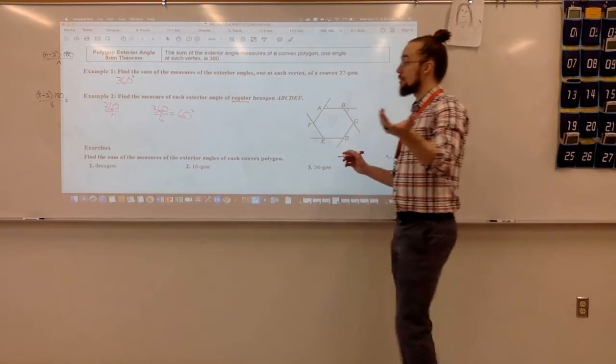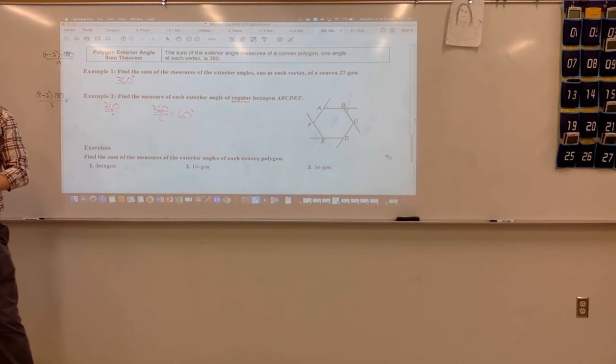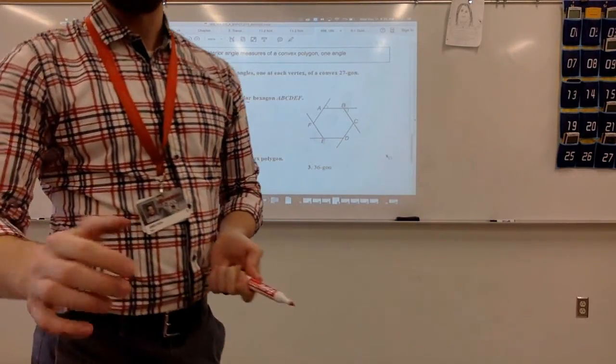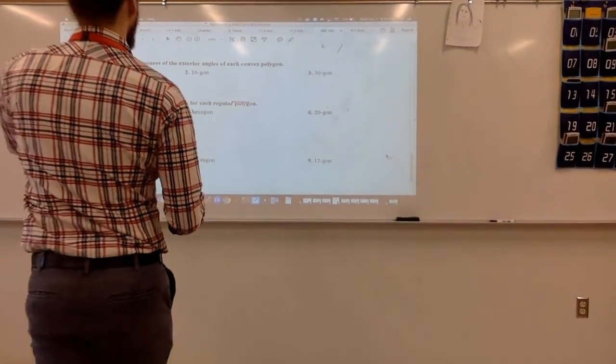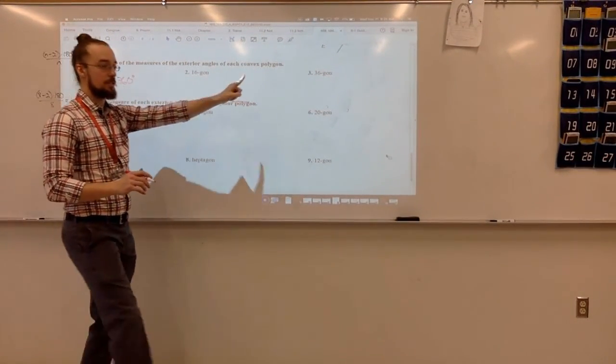So again, just like the front, this only works for convex polygons. So concave polygons, this stuff doesn't work for. Okay, so the exercises down at the bottom are pretty easy, right? The first one, the sum of the measures of the exterior angles is 360, 360, 360.